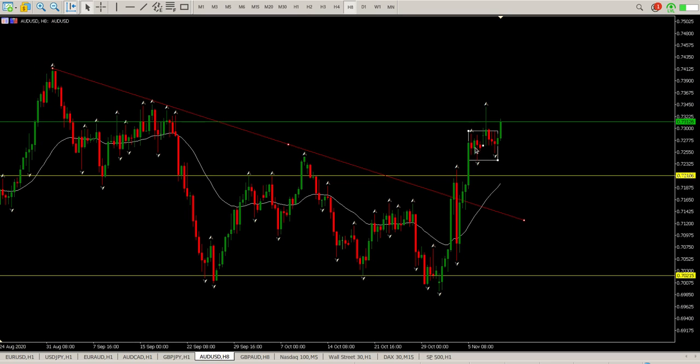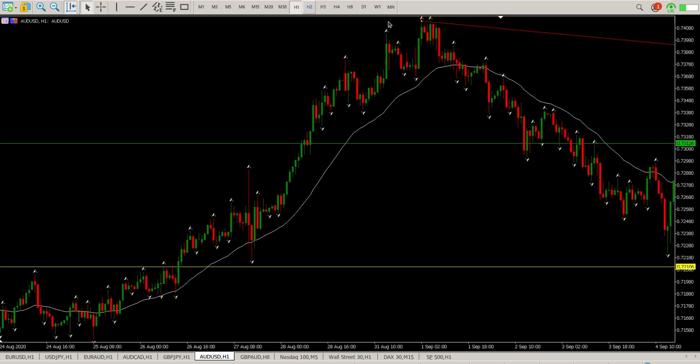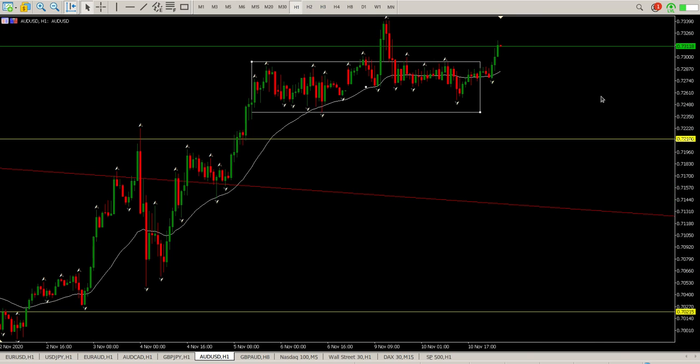Okay, Aussie dollar, US dollar, another breakout. You can see we had this consolidation area I had in yesterday, and we had the one rejection, and then we moved to the downside, and now we are breaking out pretty solidly. So if we move to the hour, you'll see there's our consolidation, and I would almost be looking for a pullback onto that area.